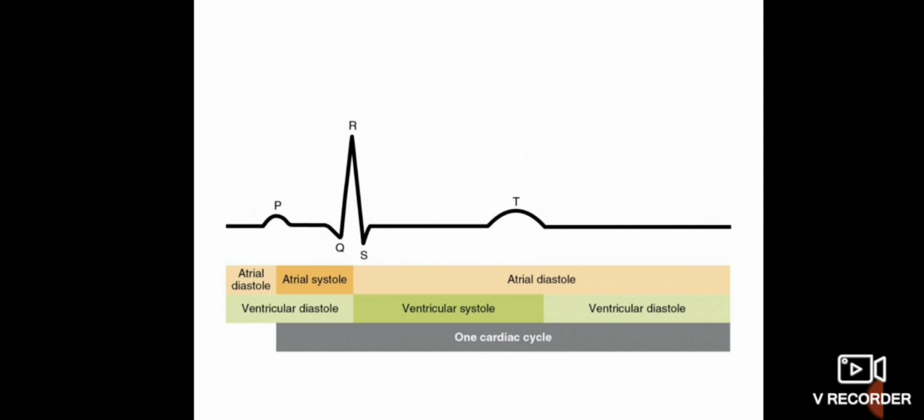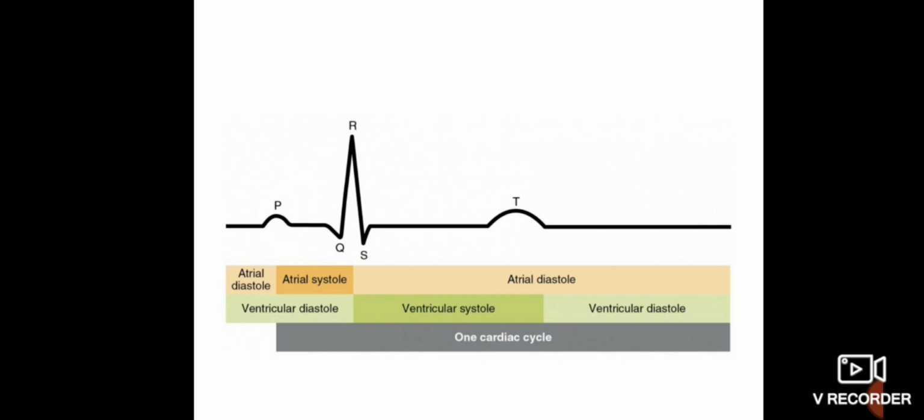This is one cardiac cycle: the depolarization of the atria, then depolarization of the ventricle will happen. At that time the atria start pumping out, and the resultant peak QRS will happen.